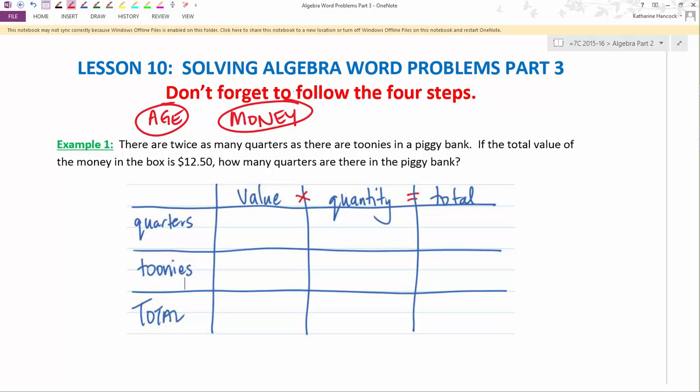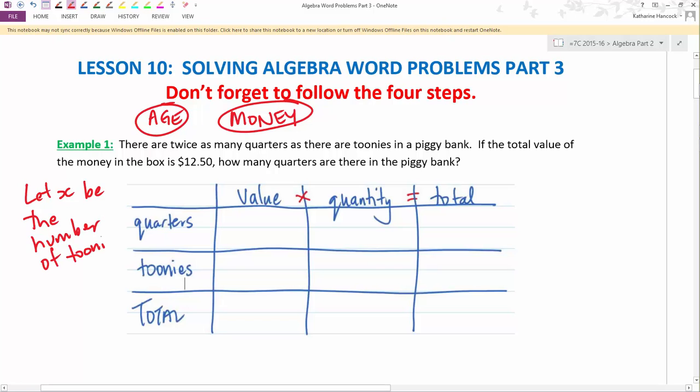And remember, x is always going to be smaller, shorter, or younger. In this case, the number of quarters is more than the number of toonies. So we are going to let x be the number of toonies, because we have fewer toonies than we have quarters.